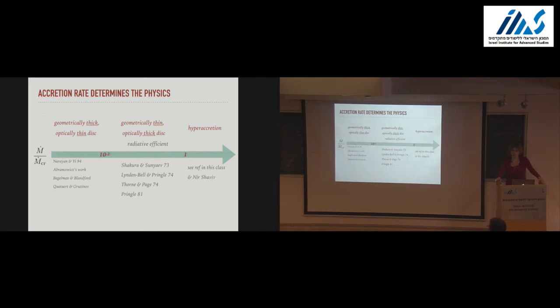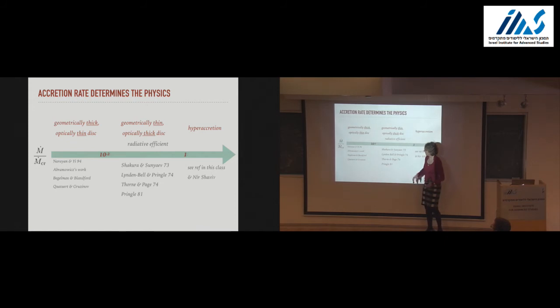Now that I told you about the standard thin accretion disk, I can talk about the structure of the disk as a function of m dot. What I've been talking about so far is the geometrically thin, optically thick disk, and how it changes as we go towards m dot over m dot critical equal 1 and above, a little bit above, we will see.